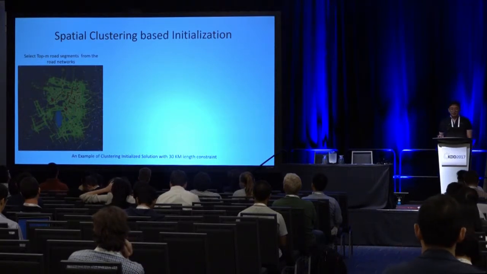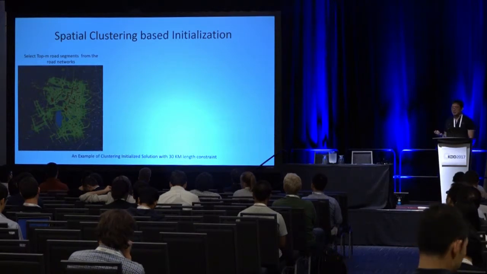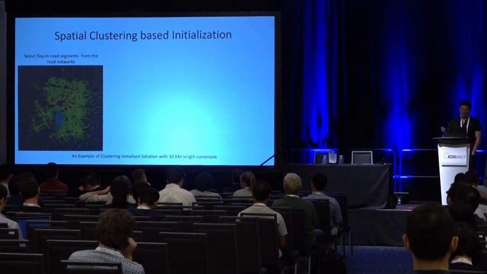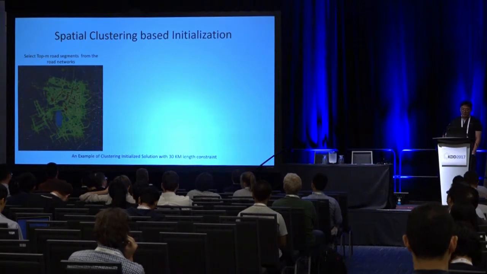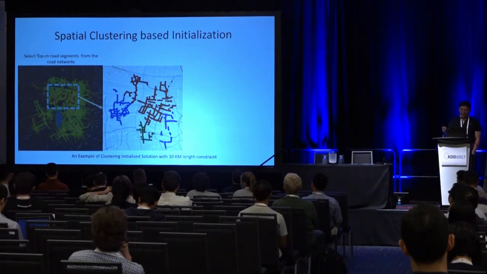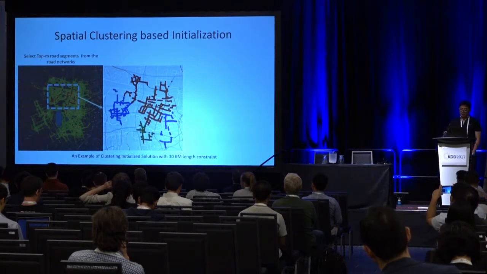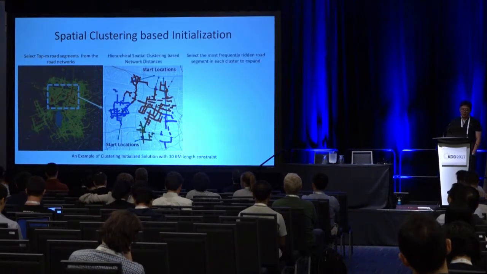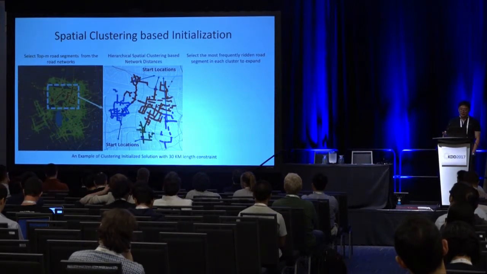The intuition is that if we just look at the heat map of the riding data here, we notice that there are some rough clusters or rough areas. They are very frequent, very hot, and connect to each other. So we select the top M, in our system the top 1,000 hottest road segments, and we do a hierarchical-based clustering based on their network distances.